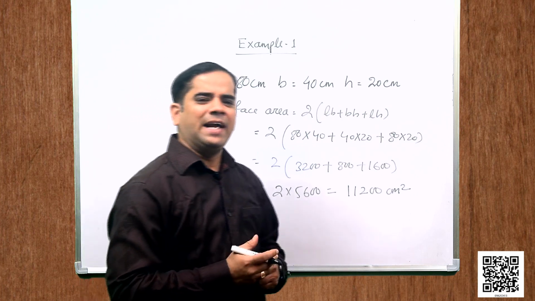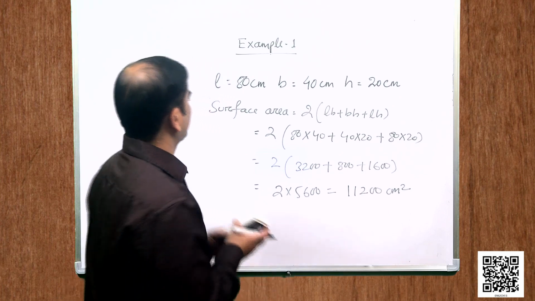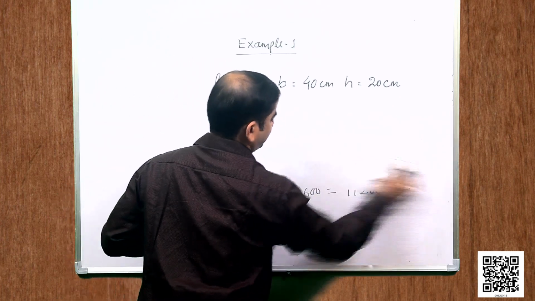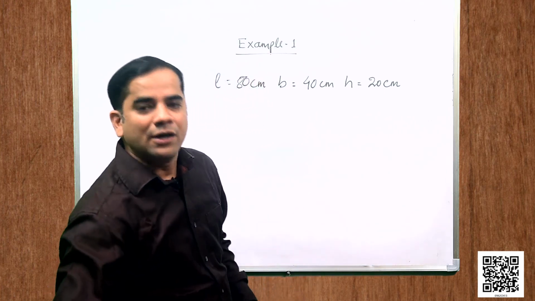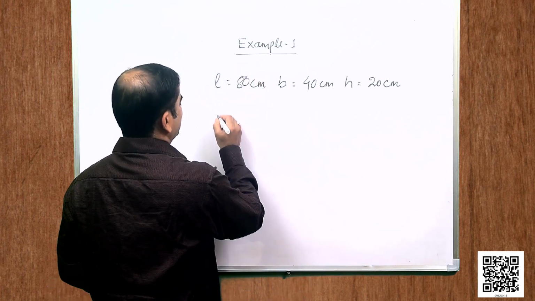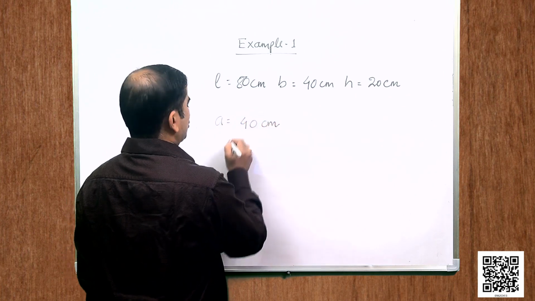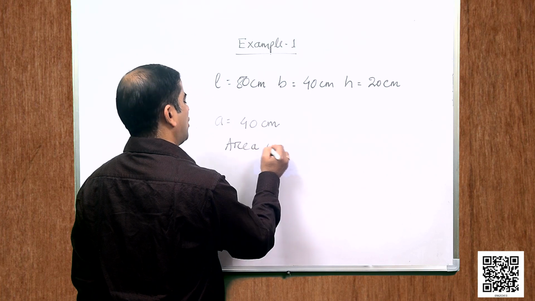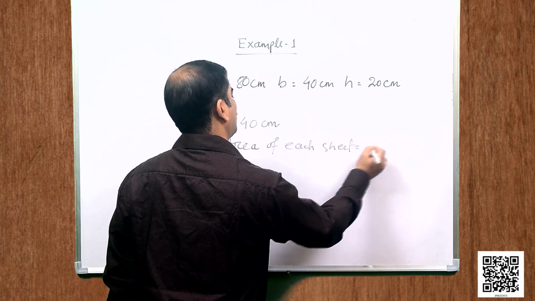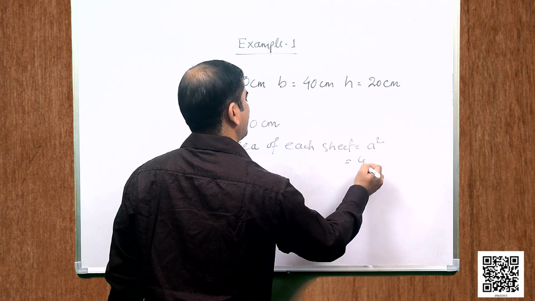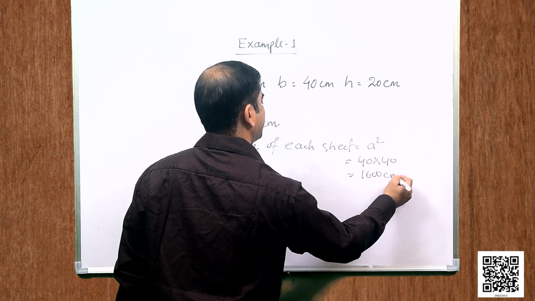Now, let us find the area of each sheet of paper. Each sheet of paper is of size 40 centimeter. So, a is equal to 40 centimeter. So, area of each sheet is equal to a square, that is 40 into 40, 1600 centimeter square.